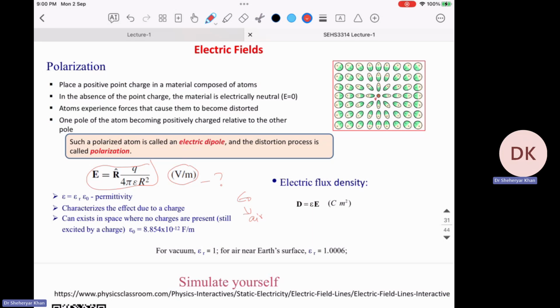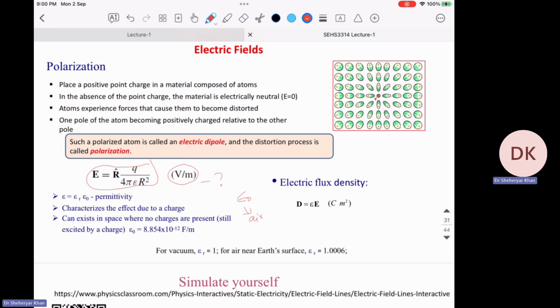But we also use the relative permittivity. Remember, in physics or in electrical engineering, the baseline is free space, right? Now we have different materials. Let's say I have glass, I have a beaker, there's water, I have paper, right?